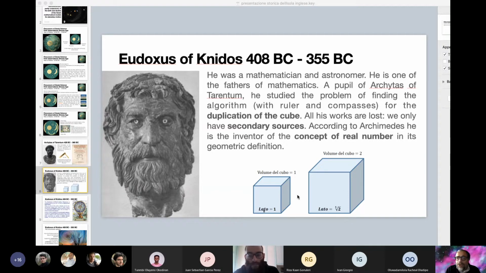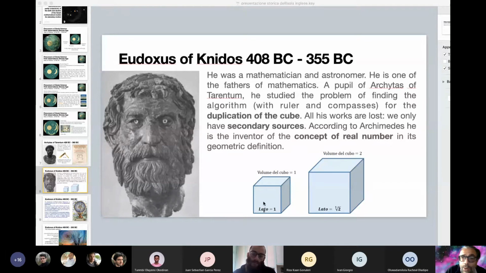Now, if you already have real numbers, you may believe that Eudoxus was a naive, stupid person who did not manage to understand that you need to calculate the cubic root of 2 in order to get the solution of his problem.